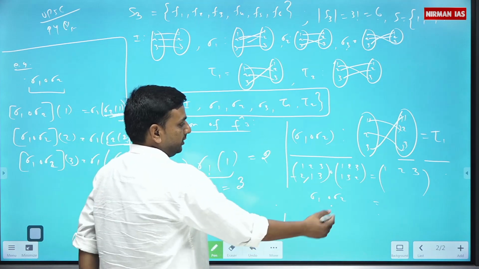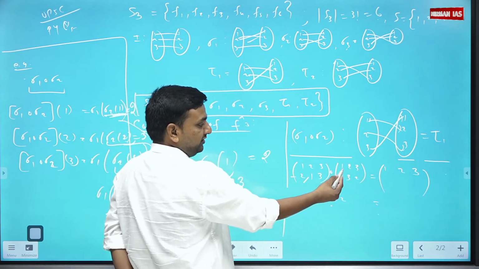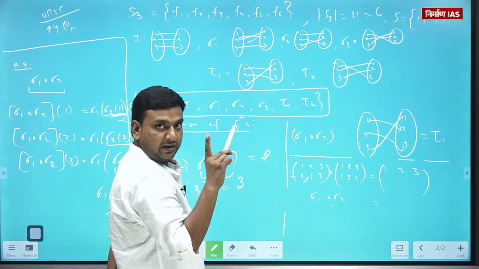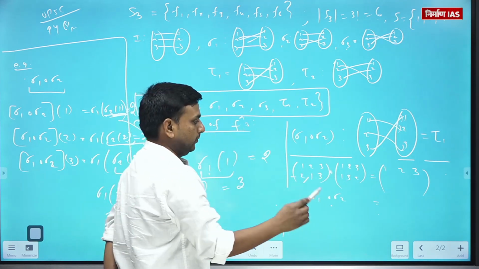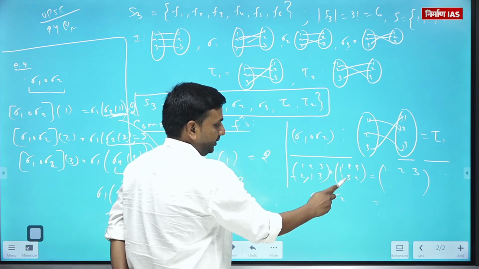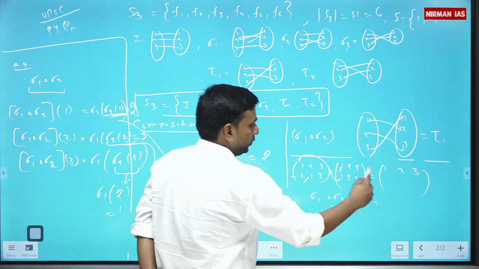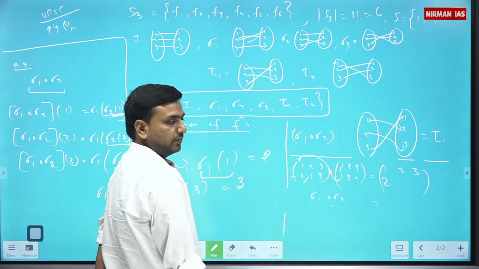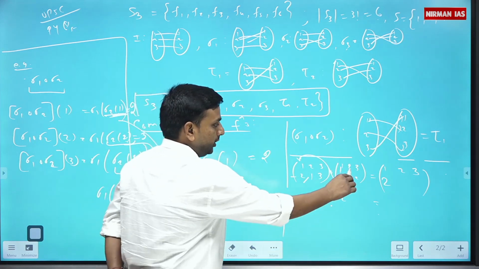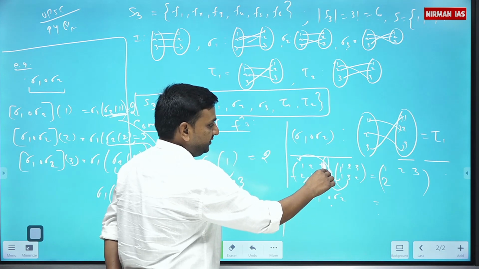Now start from here. I want the image of 1 here. So I will check. Please be on the board. I will tell only once and it will be much clearer to you. Image of 1 is 1, and here image of 1 is 2. So here the image is 2. Once more. Image of 2 is 3 and image of 3 is 3.